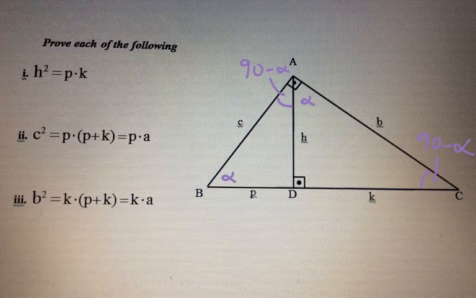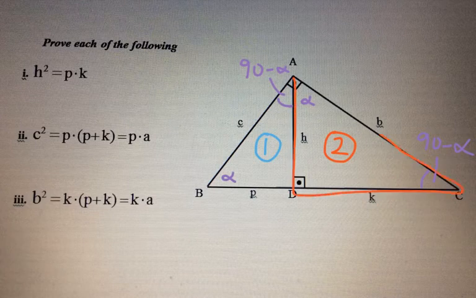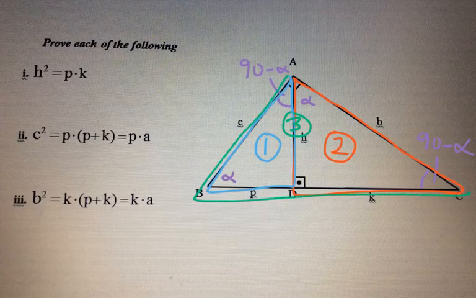So, rather than write out the notation for each triangle, let's call this triangle triangle 1, triangle ADC triangle 2. Just to be clear which ones we're talking about, I'm talking about this triangle here. The blue triangle is ABD, and we have also a third triangle, the large triangle, ABC.